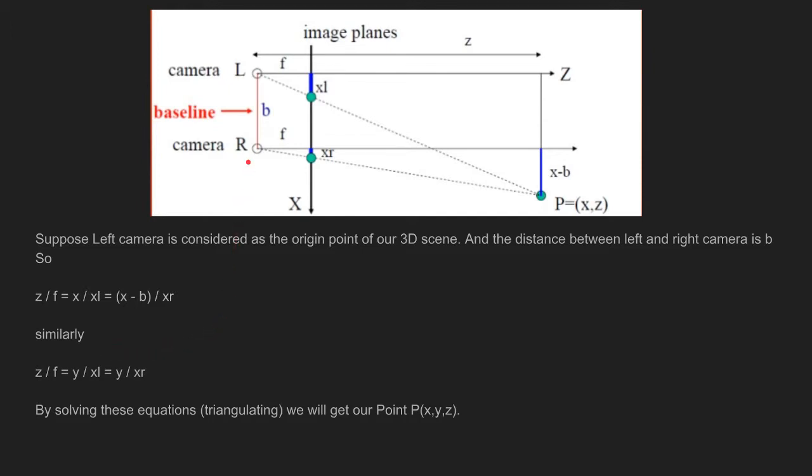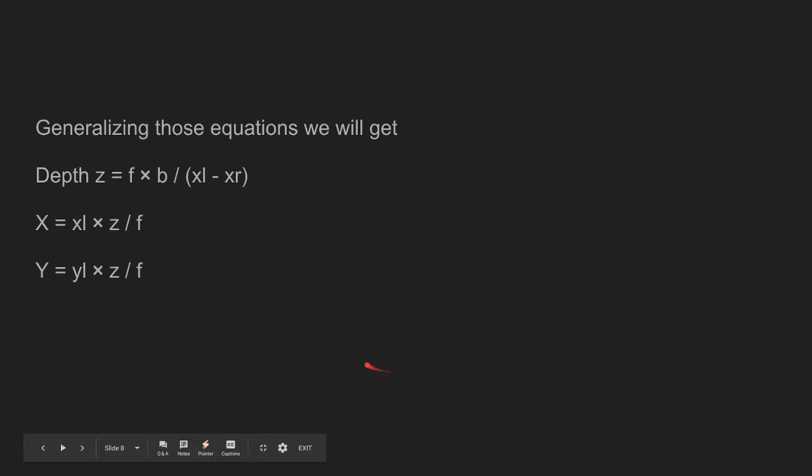Basically, the camera is displaced in the x direction, because we are making the origin the left camera. So there will be no displacement in the y direction, so it will be the same for both left and right. If we solve these equations, we will get our point x, y, z. The equation can be generalized, so we get z equal f into b upon (xl minus xr), and x can be further calculated by xl into z by f, and y equal yl into z by f.